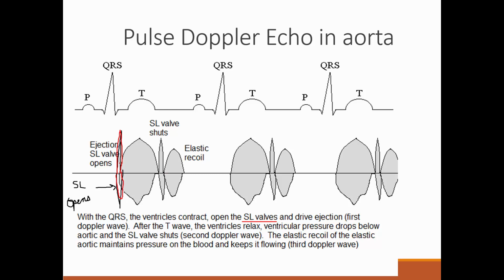Just so happened we actually saw the valve open. Then this is ejection. The T wave happens, the ventricles relax. As the pressure decreases in the ventricles, the semilunar valve shuts. Notice when the valves open and when they shut, we got a sharp sound. When we got a flow of blood, the signal's a little wider. So the semilunar valve shuts because we just had a T wave and the ventricles are relaxing.